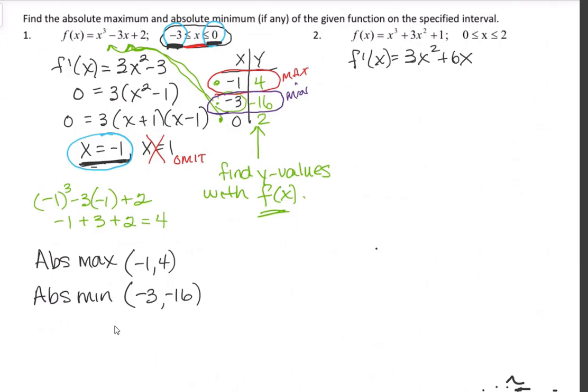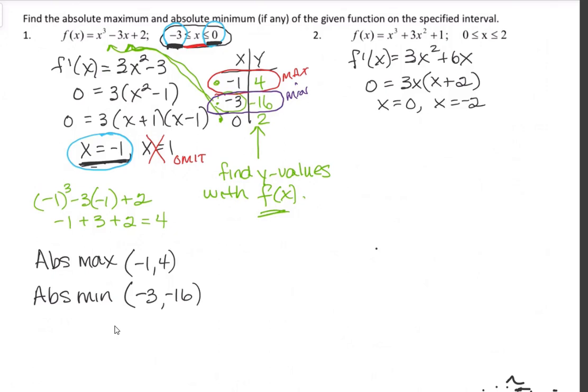I want to set that derivative equal to 0 and factor out the greatest common factor, which in this case is 3x. If I divide out a 3x, I'm left with x plus 2, giving me two critical numbers, x equal to 0 and x equal to -2.